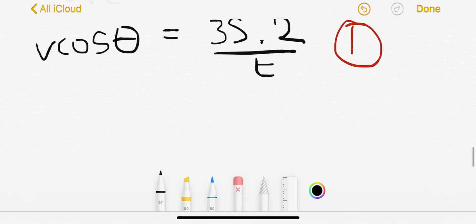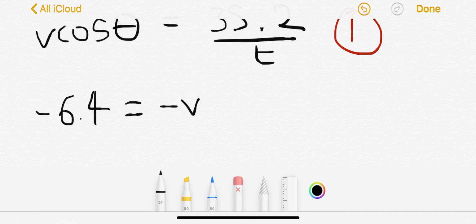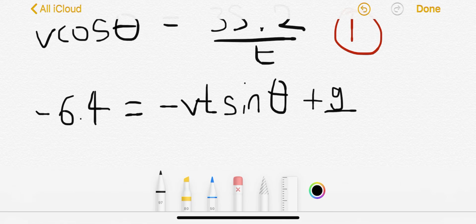So actually we get minus 6.4 equals minus V t sine theta plus, because it was minus minus, plus g over 2 t squared. And similarly, I'm going to make V sine theta the subject of that.